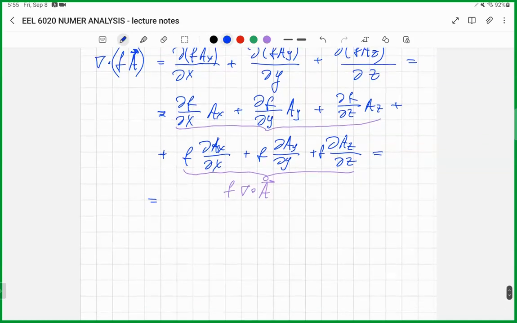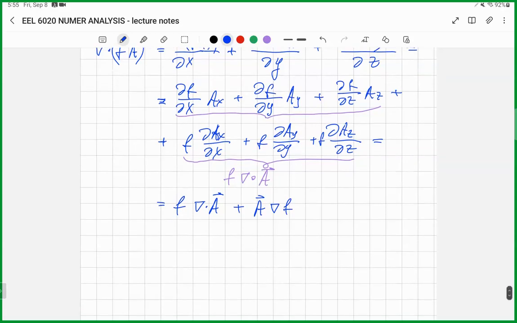So as a result, it's f times divergence A plus A dot gradient f.